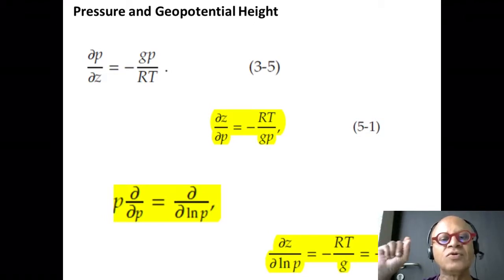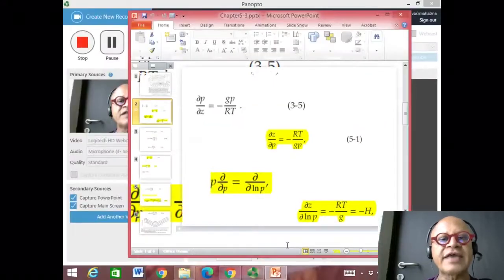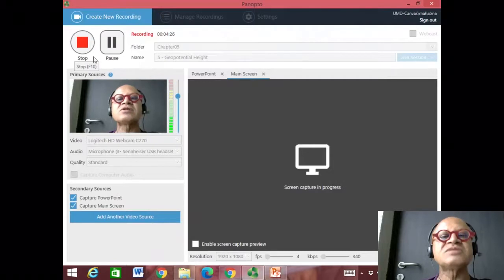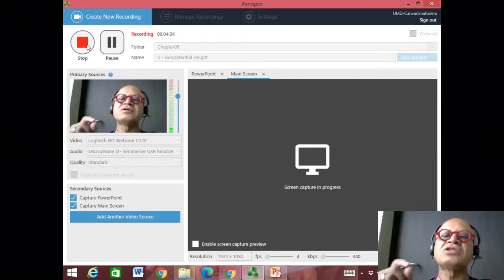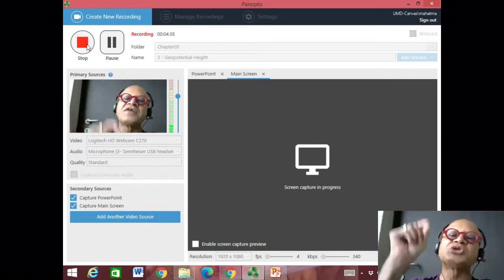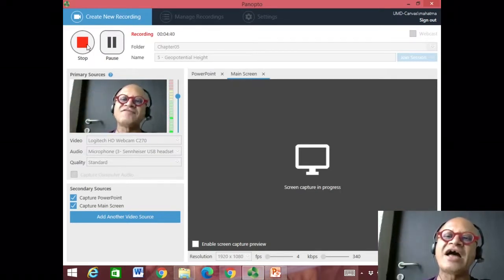We'll take this a little bit further with the derivation in the next podcast, but just remember this tropopause gap, which is important, and the geopotential height definition is going to come out of this relation between geometrical height from the surface and pressure variations in height from the surface.